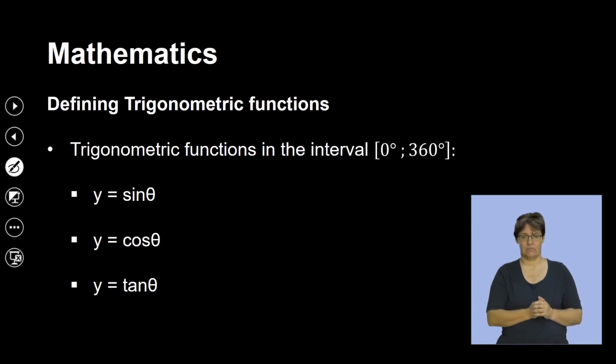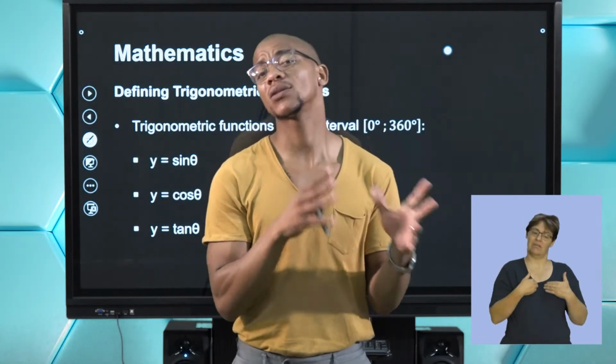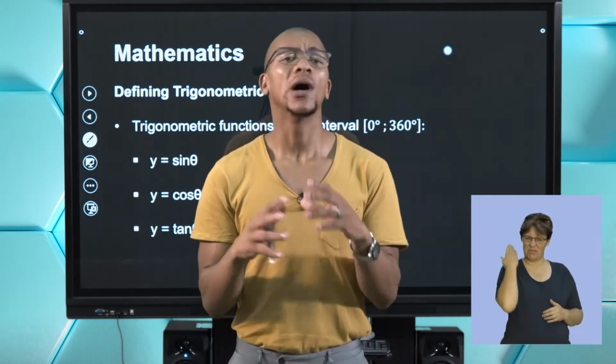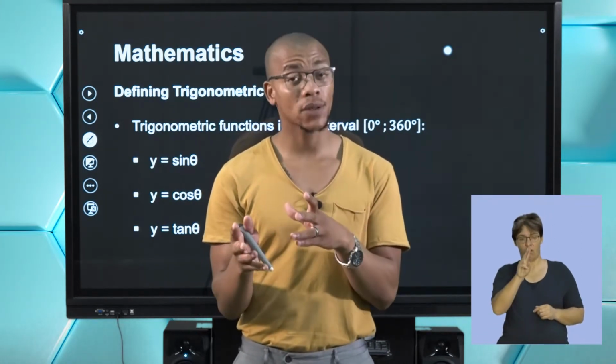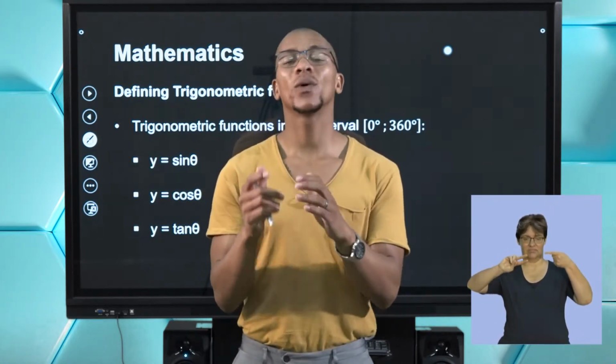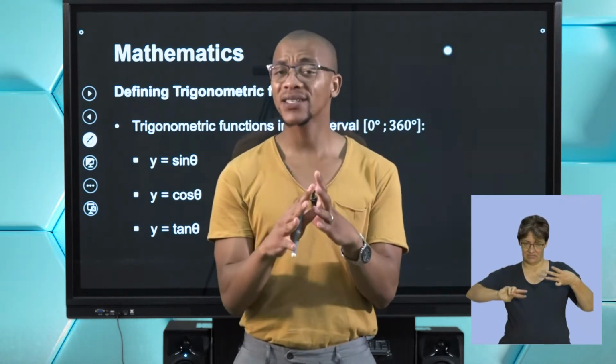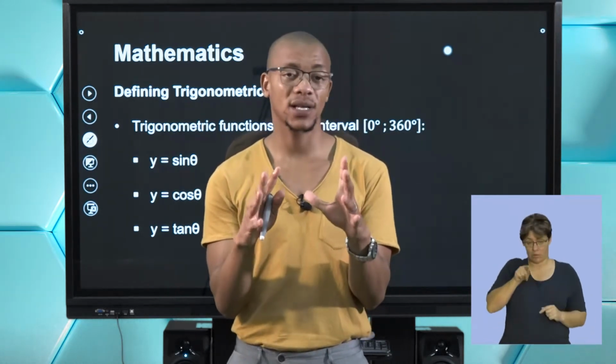Now, if we define trigonometric functions, we're going to have 3 of them, right? Now, guys, with these 3, remember when we're starting with this particular concept of trigonometry, we also looked at the reciprocals, right? But now, when we get to the graphs or functions, we don't talk about reciprocals.